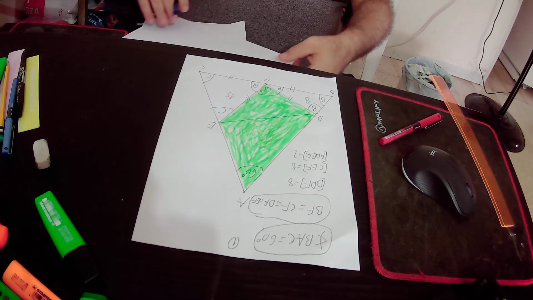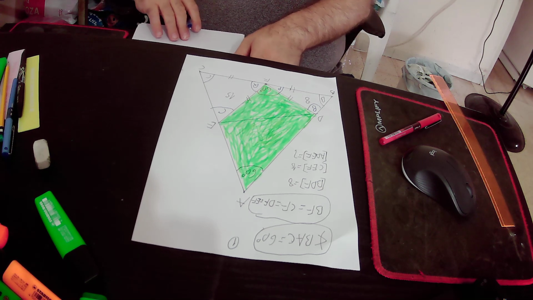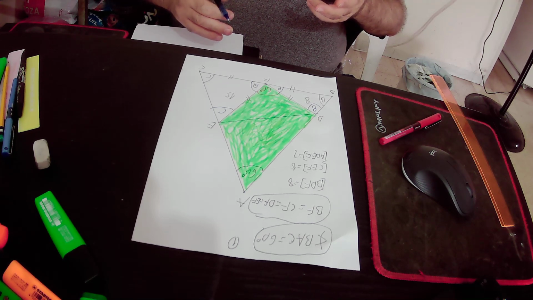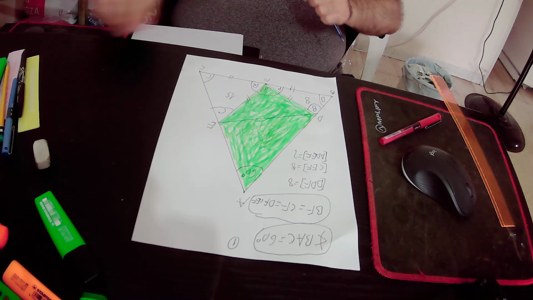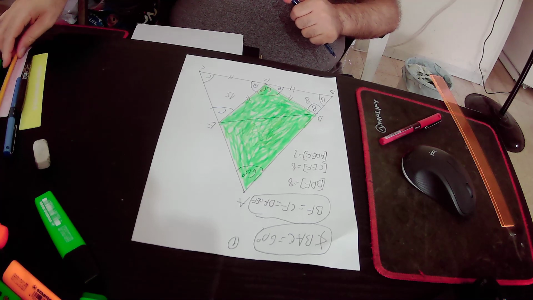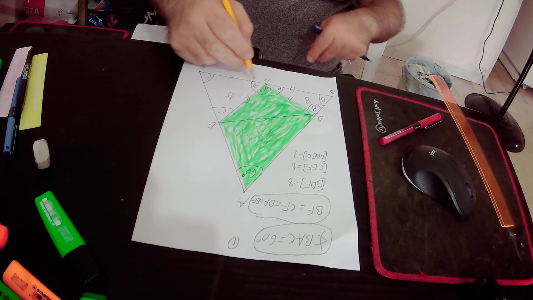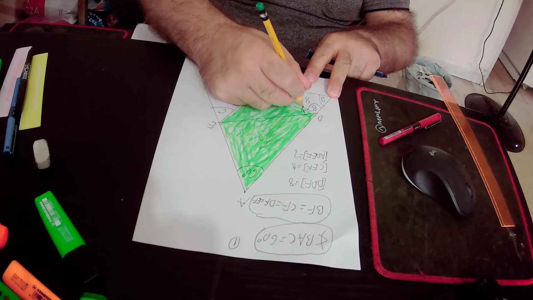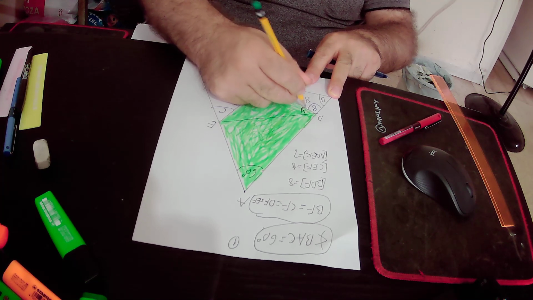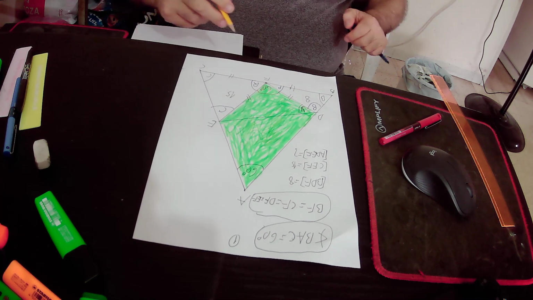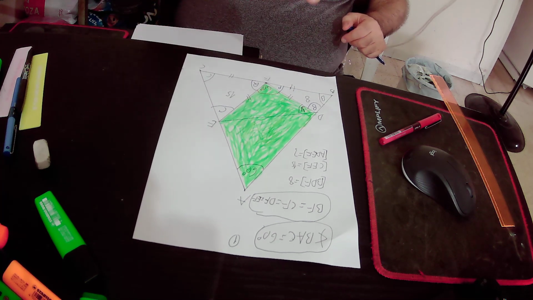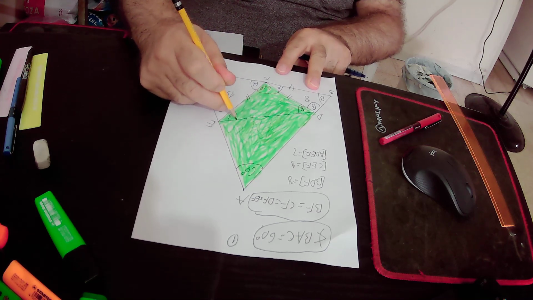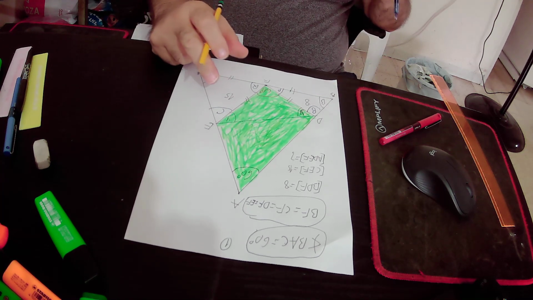Okay, so we know that in front of equal sides in the triangle there are equal angles. So if we define the angle that is in front of FE as Y, then the angle that is in front of side DF of triangle DFE must also be equal to Y, because in front of equal sides in the triangle there are equal angles.